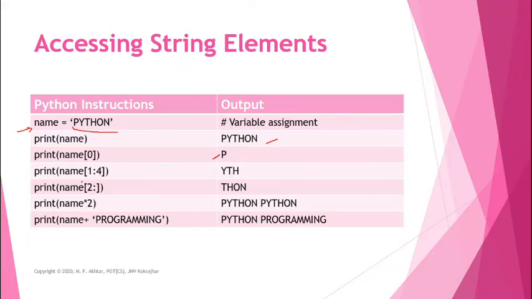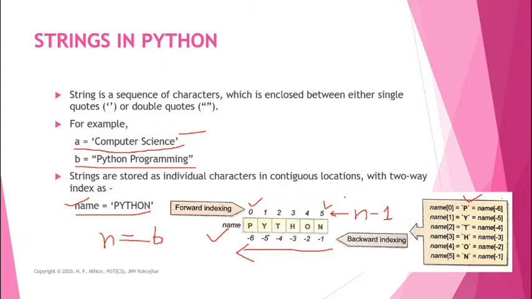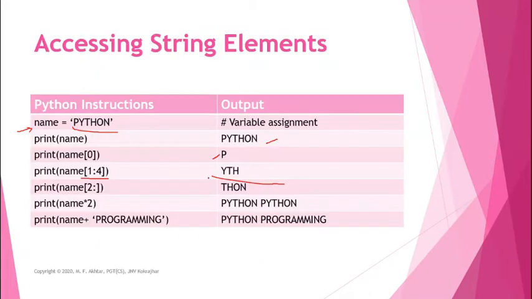We can use slicing also. Here we have given 1 to 4, and it will display YTH. How is this possible? The index number 1 belongs to Y, and the index number 4 belongs to O, but it displays only the 3 letters YTH. It is correct, there is no error here.